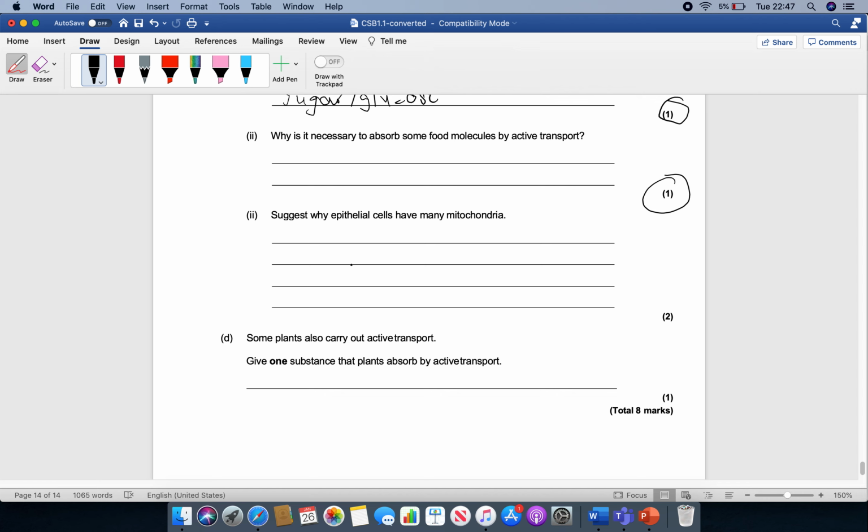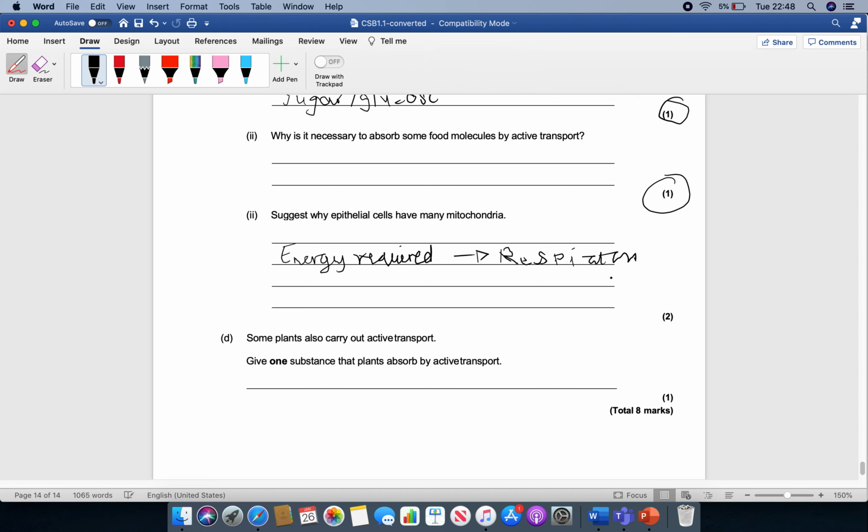So they have many mitochondria because active transport requires energy, so you can put energy required, and this comes from respiration. Yeah, so respiration happens in every human being, and it's essential, so that would give you 2 marks.